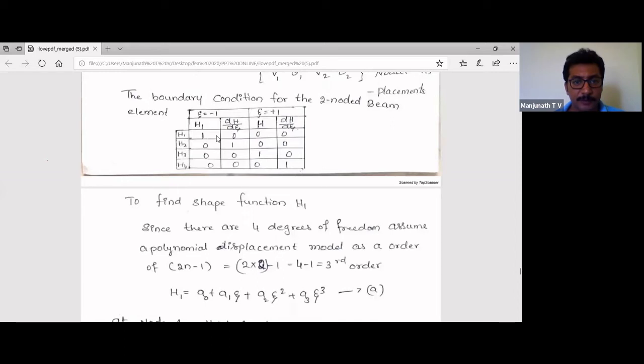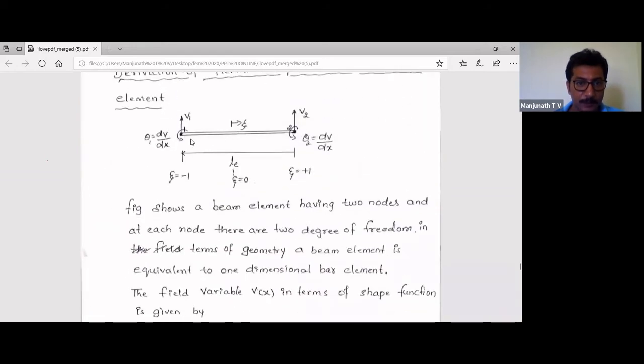That is the first property of the shape function, which we have already discussed in the previous classes. For example, if at node 1 the value of h1 is 1, then in all the remaining directions the value of h1 will be 0.